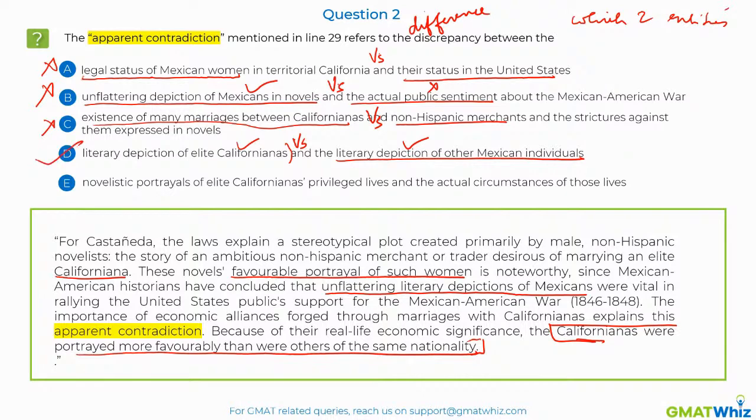So I would say D is correct. E: novelistic portrayals of the elite Californianas' privileged lives. Where was this given? Portrayal of their privileged lives was not there. Actual circumstance of those lives, not there anywhere. So E is also out. The ones who did answer that did get it right. It was absolutely D. And I hope, guys, you have really benefited from the session.